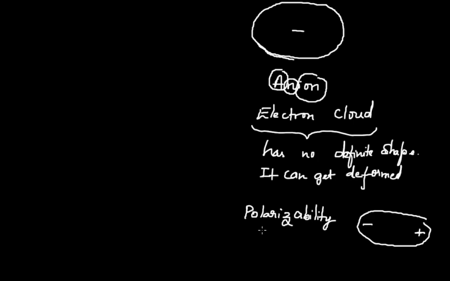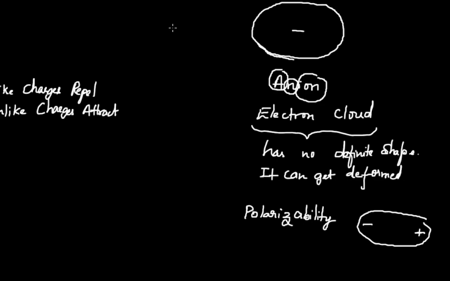Now, why does it get polarized? What makes an electron cloud deform? This depends on our 8th class simple funda: like charges repel and unlike charges attract.